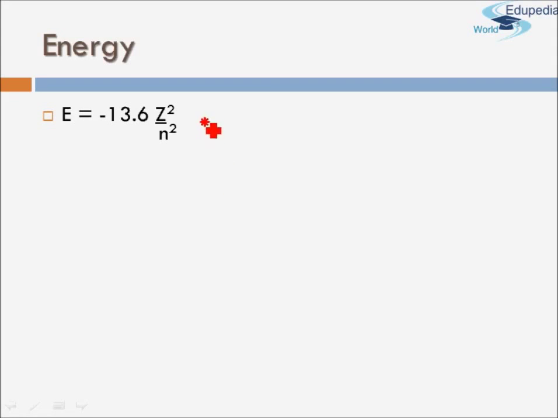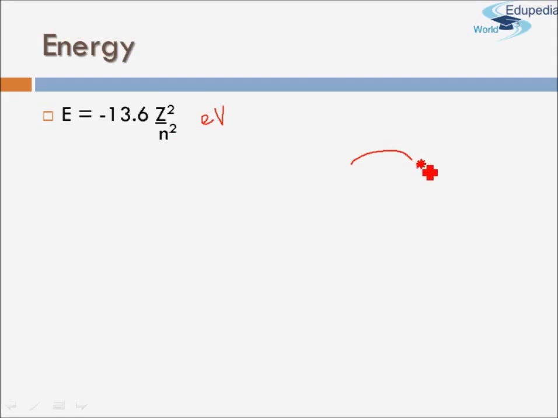In electron volt units, this is the energy of any particular orbit of any particular atom, where Z represents the atomic number of that atom and n is the orbit number whose energy you want to calculate. Electromagnetic radiations are a result of difference in energies of these orbits.